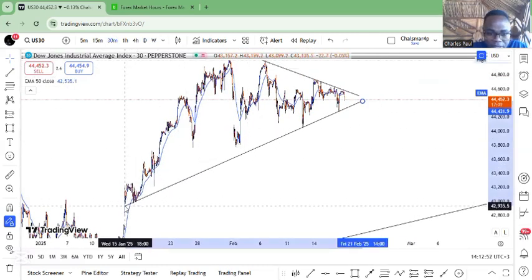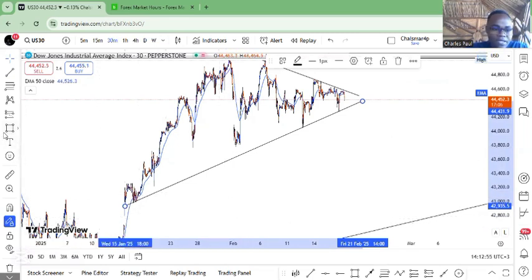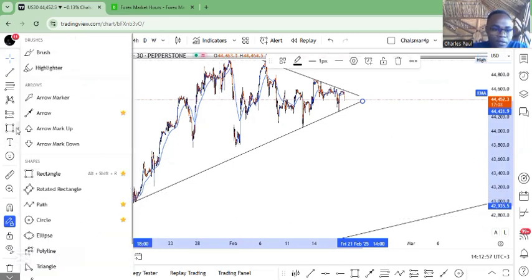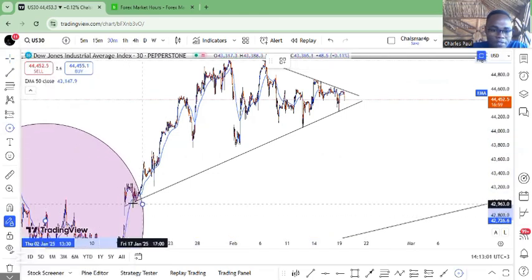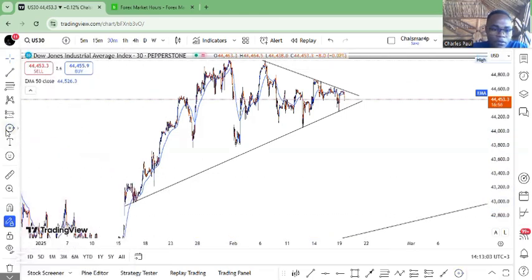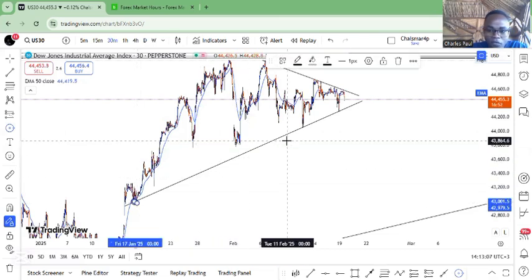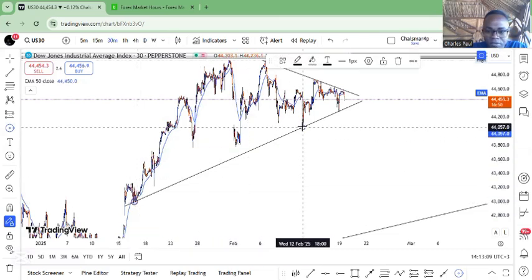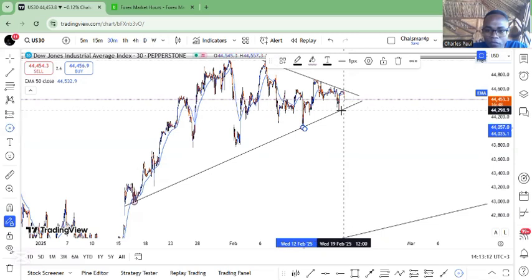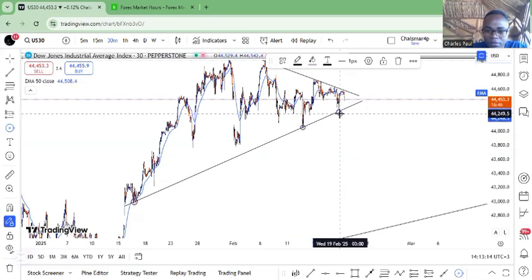You can see, guys, very clean. These were the touches. At this level, it was the first touch on this cycle. Then over here, it was the second touch. And then over here, it was the third touch.